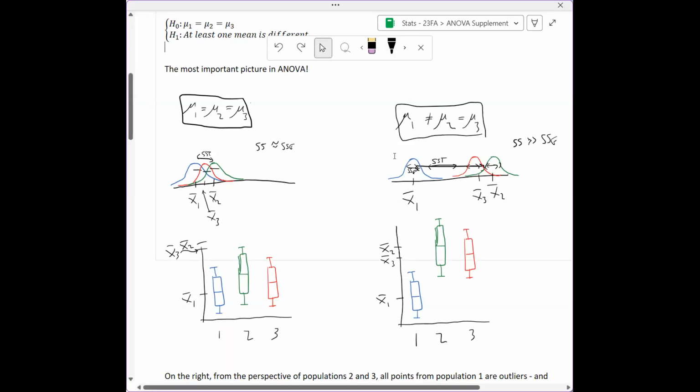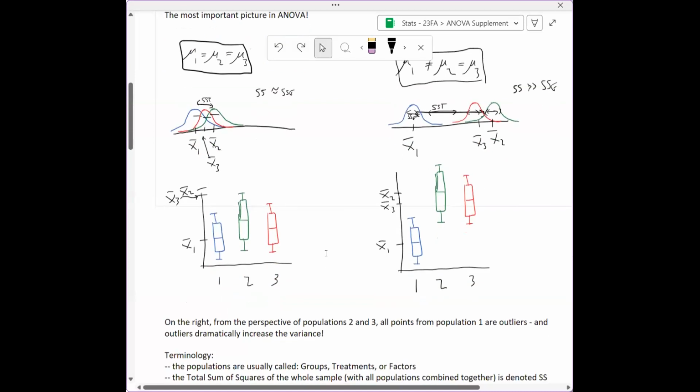If I see a situation where the overall variance is much, much larger than the individual sample variances, the within-group variances, that's an indication that at least one of the means is not the same as the others, or that there's some data within one of these groups that the other groups are seeing as outliers, in a manner of speaking.